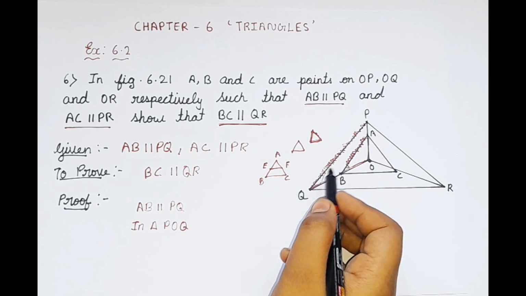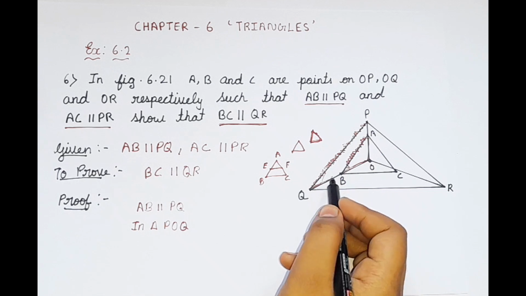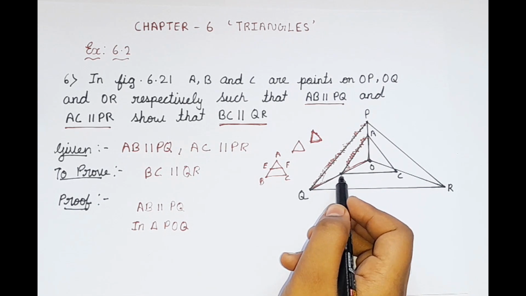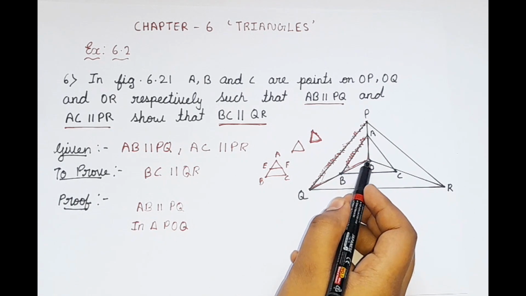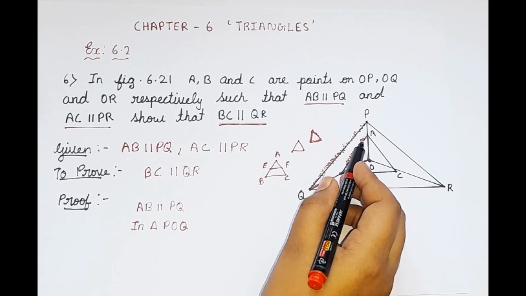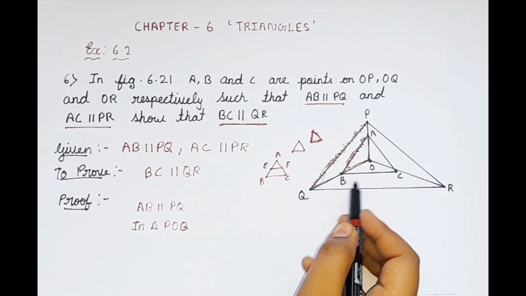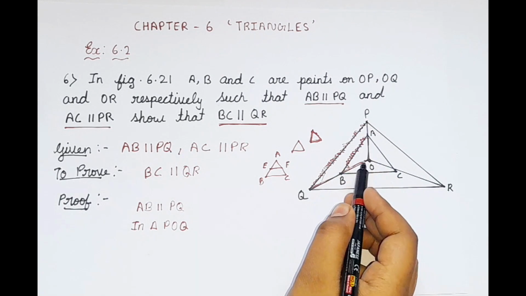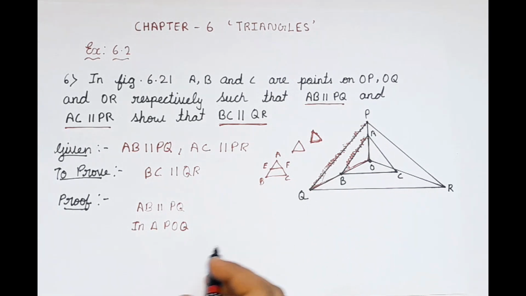The triangle is not in the proper shape. Okay, it is upside down. That's why we used to get confused how to apply basic proportionality theorem. So we are supposed to apply like OA by AP is equal to OB by BQ. Okay, then only it will be proper.